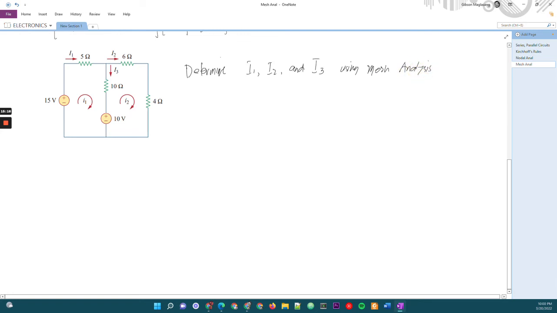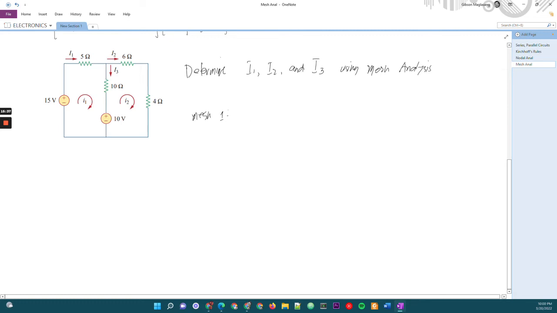Okay, using mesh analysis. So we already established the two meshes here. We have mesh 1 and mesh 2. So we will apply KVL to mesh 1.